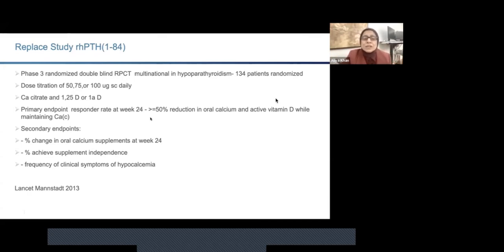And what was looked at was how many people are able to reduce their calcium and active vitamin D by 50% or more reductions in the dose of their supplement. And the secondary endpoints were ability to stop them completely while maintaining serum calcium.